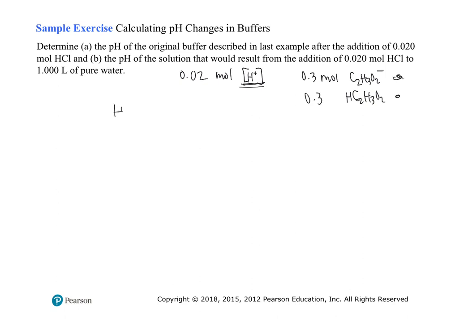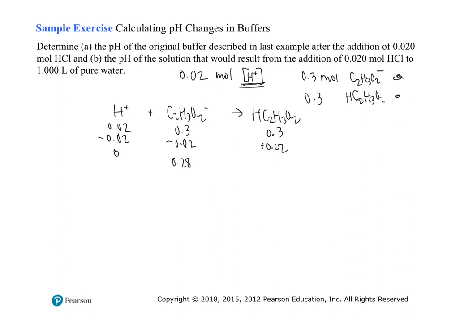So I have H plus plus C2H3O2 minus goes to HC2H3O2. So I have 0.02 moles of that. I have 0.3 moles of acetate and 0.3 moles of acetic acid. So I'm going to neutralize, subtract over, and then I'm going to add 0.02 here. Now I don't have any hydronium, and I have 0.28 of acetate and 0.32 of acetic acid.